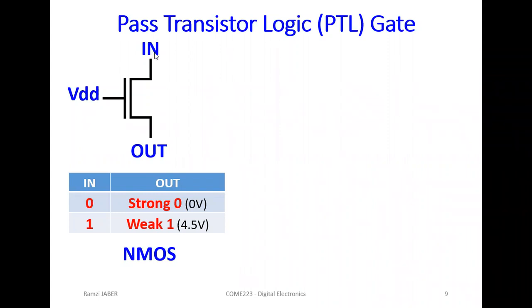If the input here is on the drain, high voltage, the internal diodes will be activated by many equations. We will not go into what they are, because it's for electronic engineers. So we have 4.5 volt as output, called weak 1.